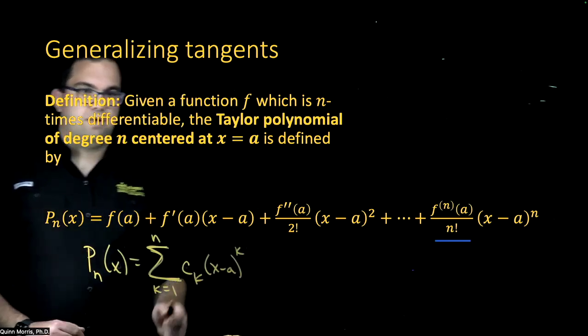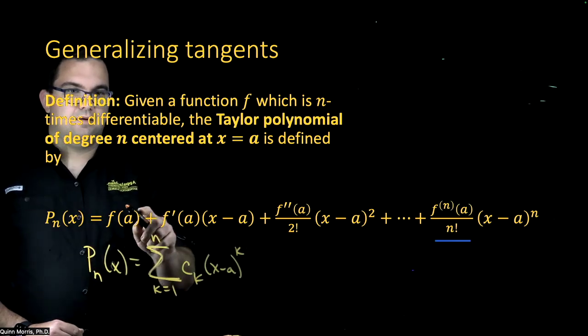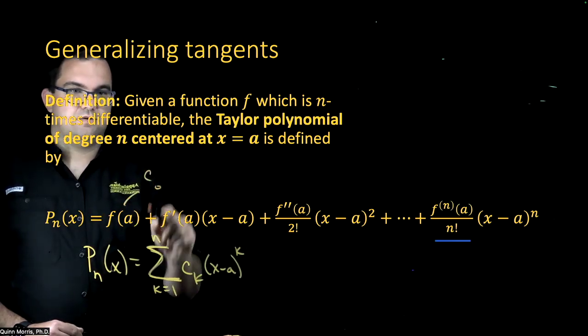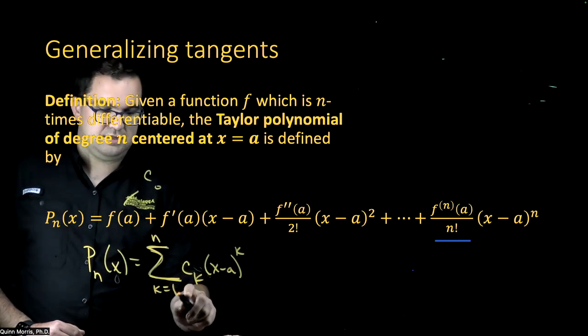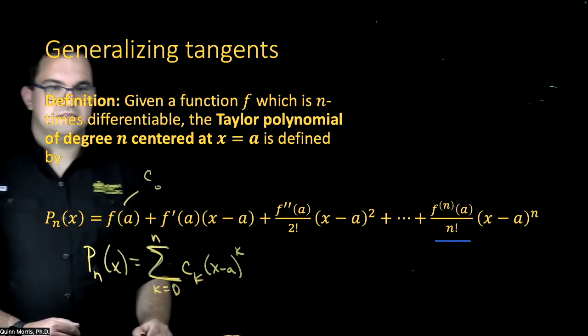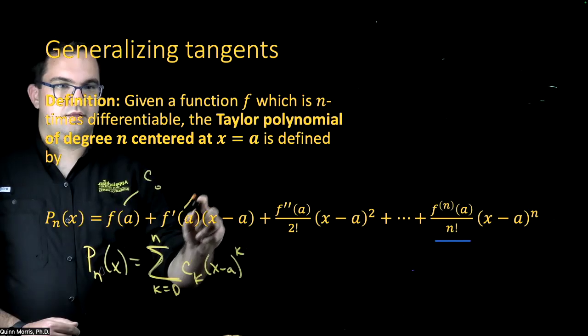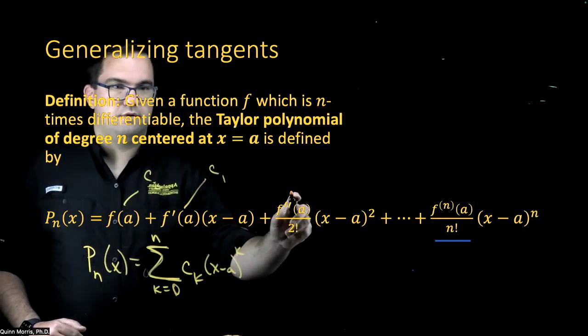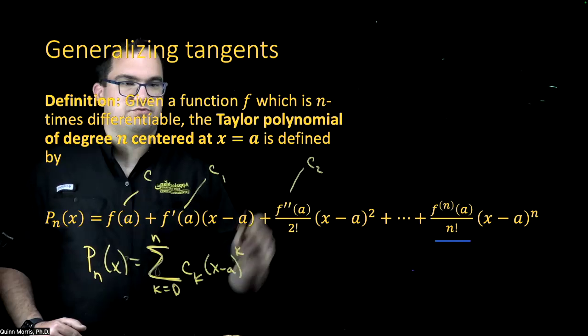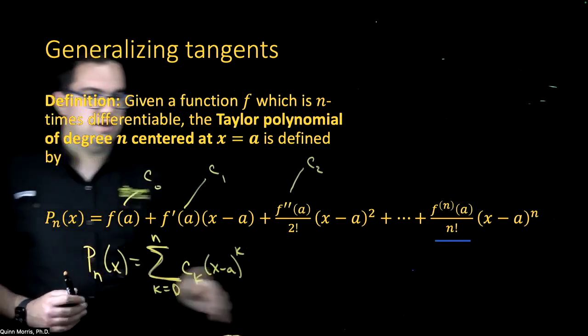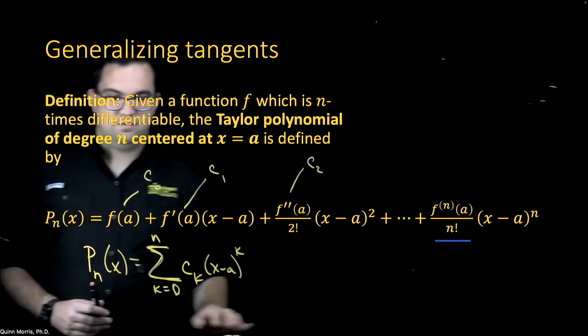Sorry, I should index this starting at 0. This is c0. This is c1. This term is c2. So I'm imagining for a second that I don't know what the coefficients are, and that I want to figure out what they need to be.